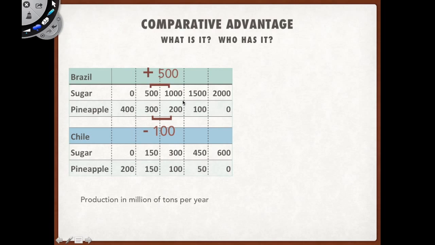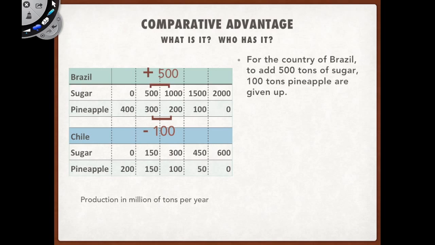Well, to determine opportunity cost, you have to look at what is given up, the cost of the opportunity. So, for instance, in this example, if Brazil wants to produce more sugar, they are at 500, they want to produce 1,000.